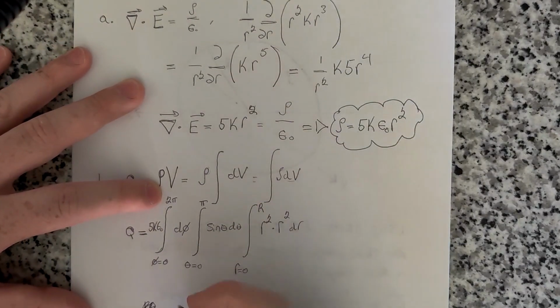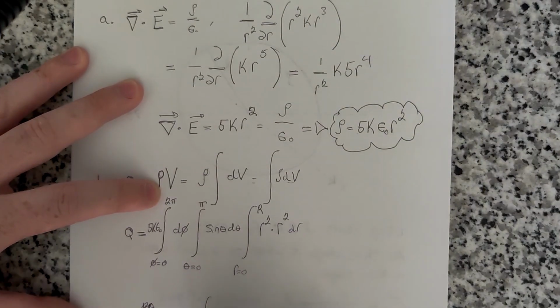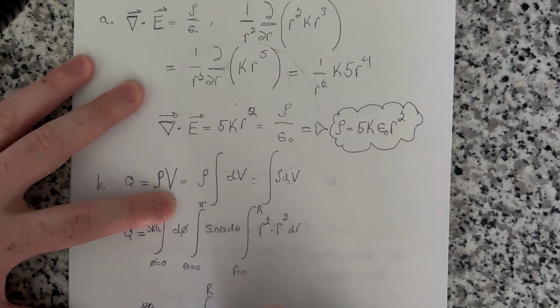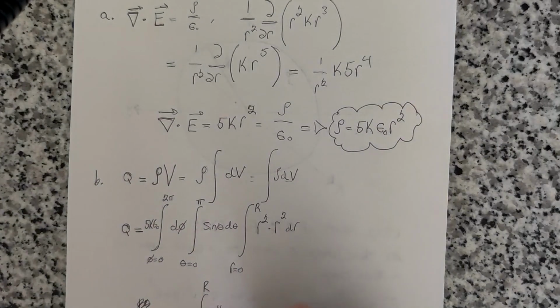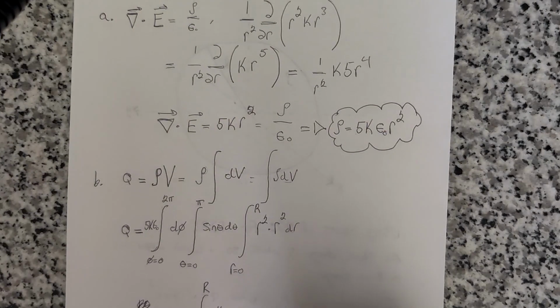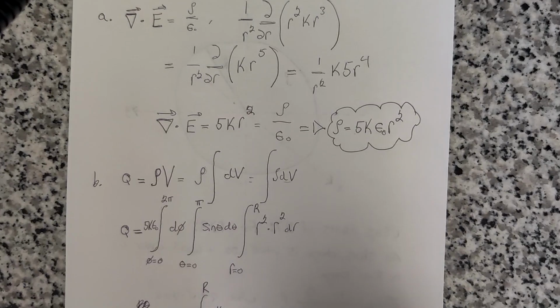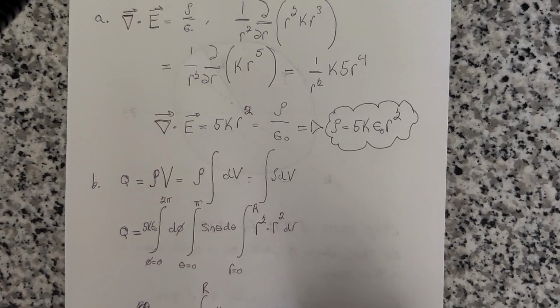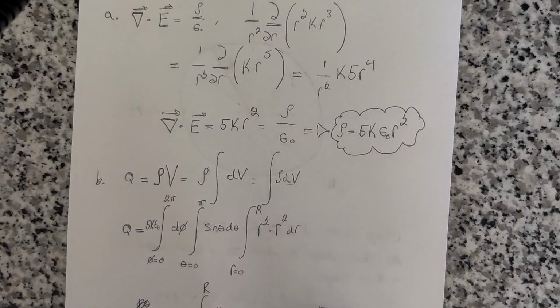And then we still have this r integral from r equals 0 to big R of r to the 4th dr, which is very simple. So this is going to be r to the 5th over 5. So we have 20 pi k epsilon naught r to the 5th divided by 5.